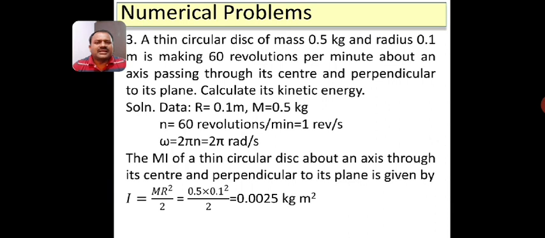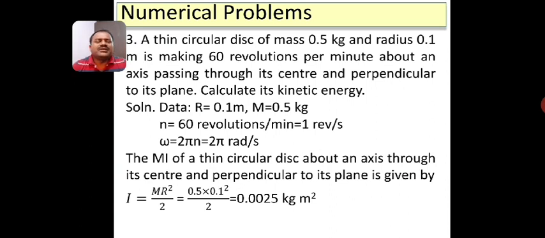So this is n. Using the value of n, you can calculate the angular velocity omega as 2 pi into n, where n is 1 revolution per second. Therefore, you will get omega as 2 pi radian per second, or else you can substitute the value of pi and calculate 2 into 3.142.